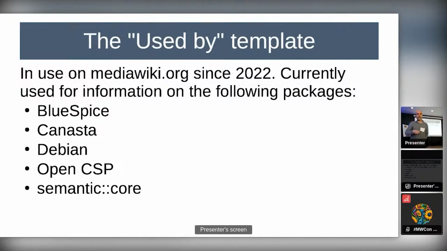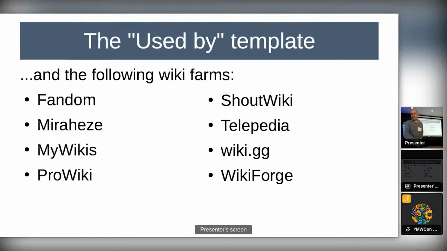In this case, there's 5 packages that are covered by the Used By template, and there have been some of the people here and some speakers representing some of these packages, although these are mostly European-based, except for Canasta. And then the following wiki farms, and again, there are people here representing some of these. So what was it? 5 packages and 8 wiki farms.